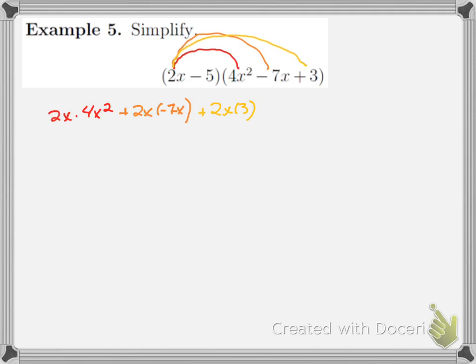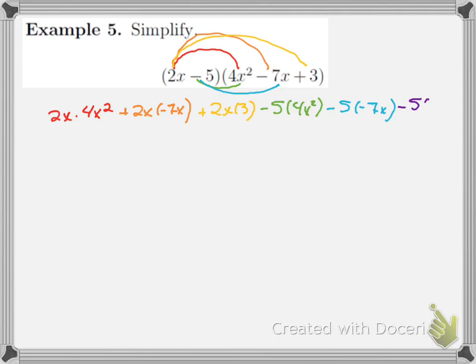Now we're going to move on to our second 3. So we've already multiplied everything in our trinomial by 2x. Now we're going to multiply everything in our trinomial by 5. So I'm going to have minus 5 times 4x squared, minus 5 times minus 7x, and then my favorite color in the world is purple.